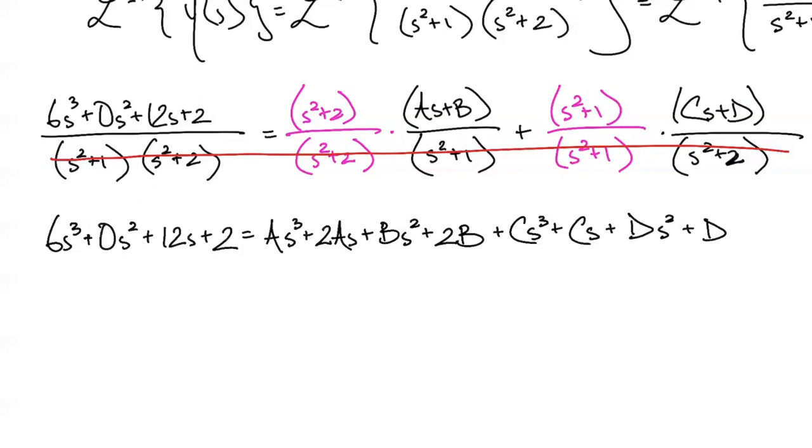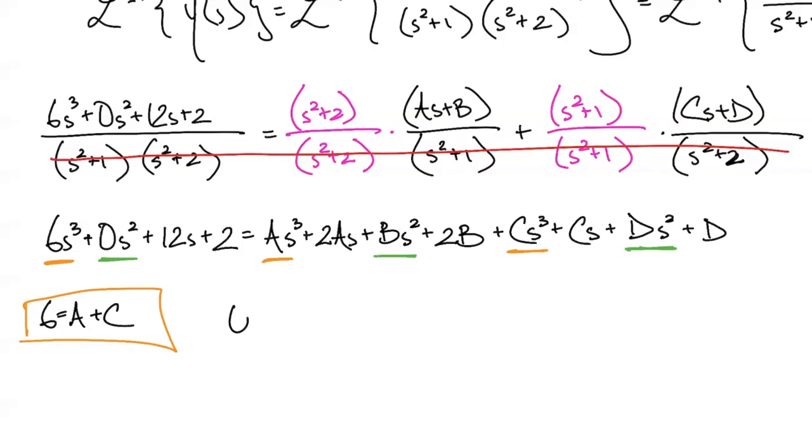Because we couldn't cleverly choose any numbers, this is actually a really good exercise in let's write all of the equations that come out of this. Cubed, cubed, cubed. So I can write that as 6 equals A plus C. That's one equation. 0s squared, bs squared, ds squared.